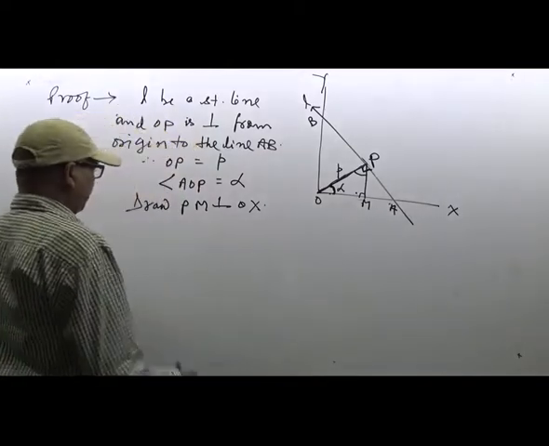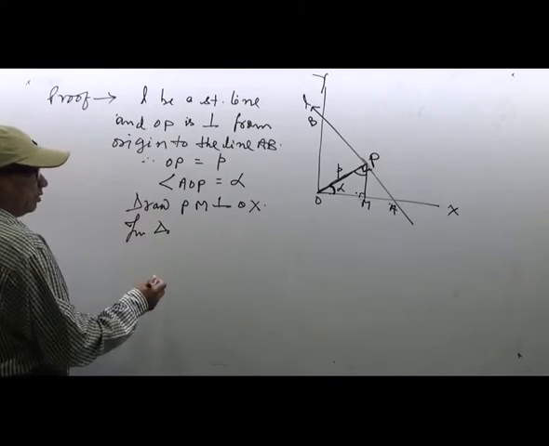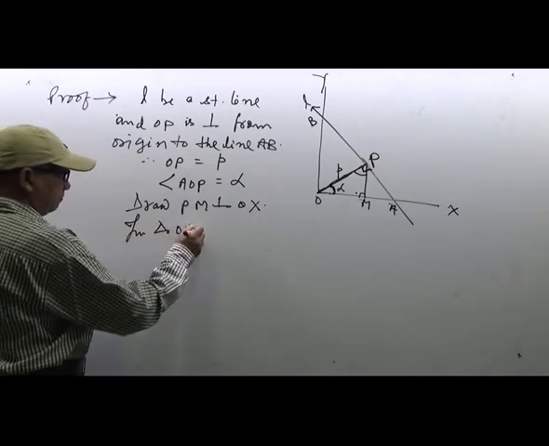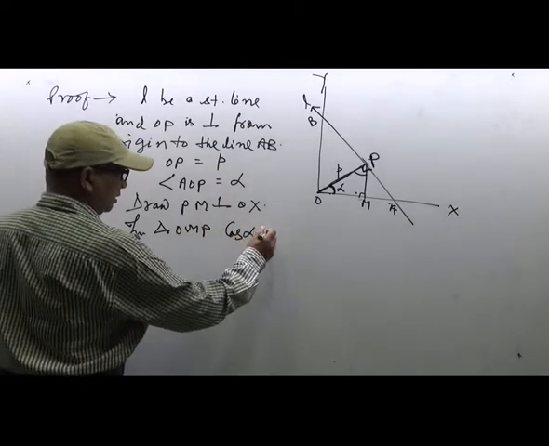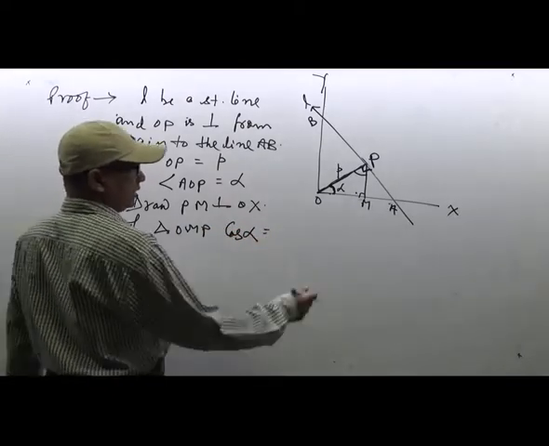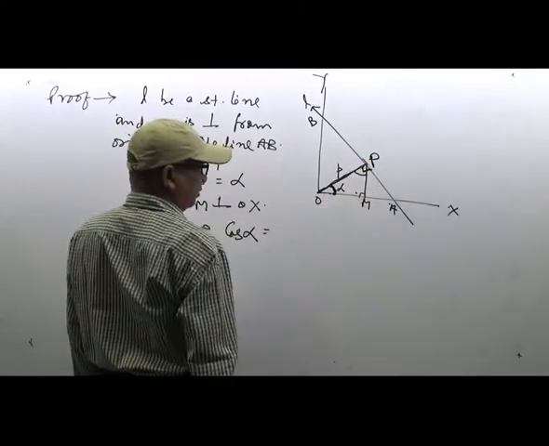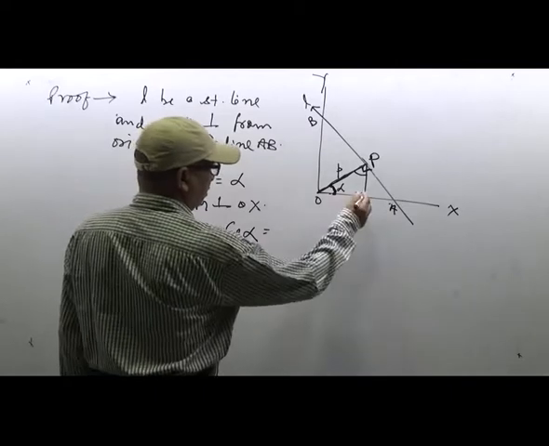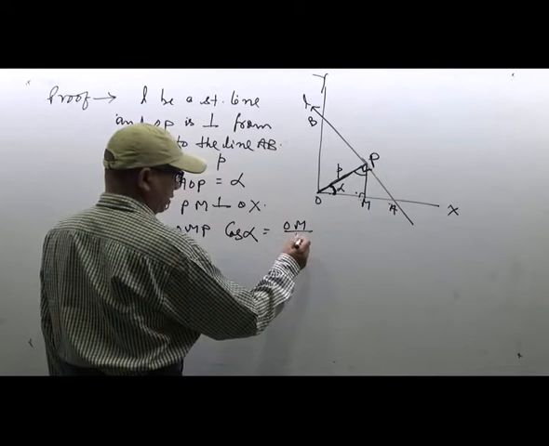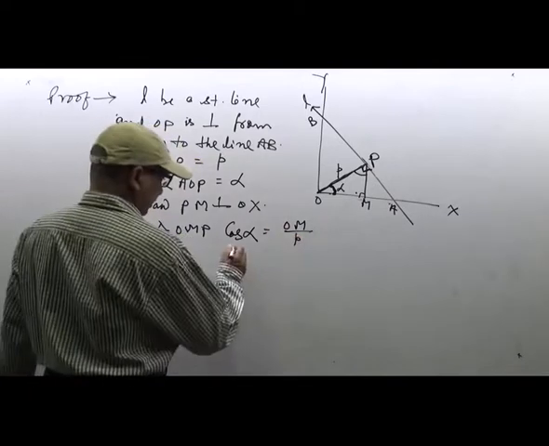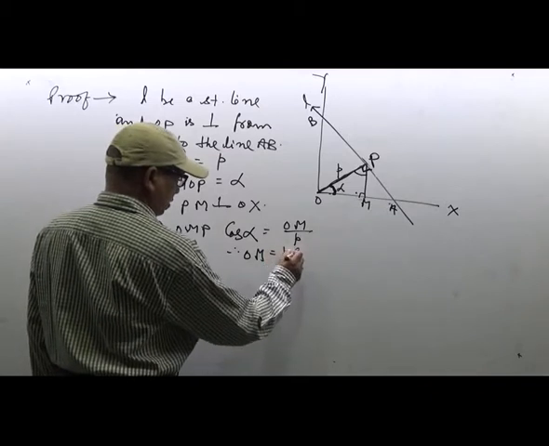Since in triangle OMP, cos alpha is equal to B by H, PM is the perpendicular and OM is the base. Therefore, OM by small p, OP. Therefore, OM is equal to p cos alpha.